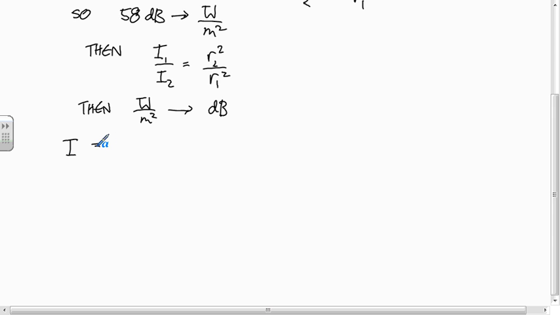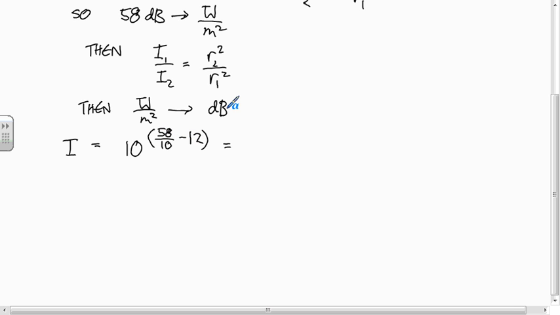So to convert 58 decibels into watts per meter squared, you have I is equal to 10 to the power of 58 over 10, minus 12. And so that is, 58 divided by 10 is 5.8.